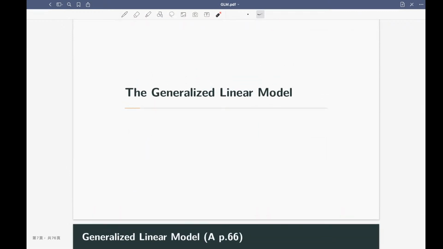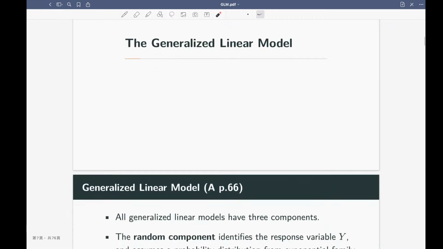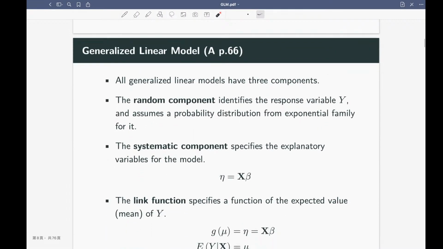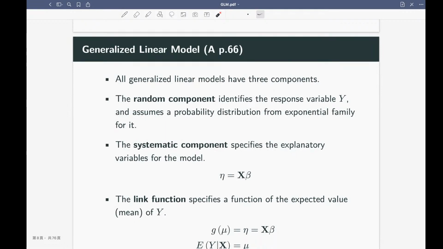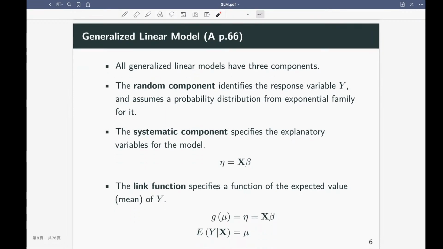Now we discuss some model setting about the generalized linear model. What is the generalized linear model? The generalized linear model is like a regression. In a generalized linear model, you should have 3 components.